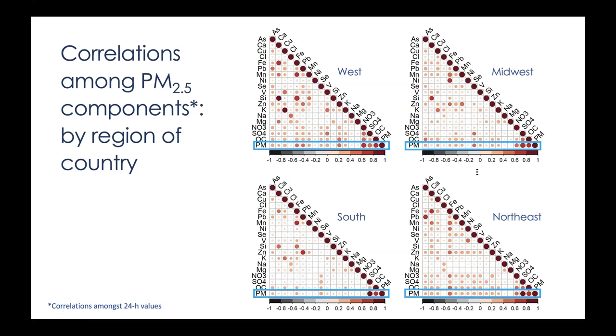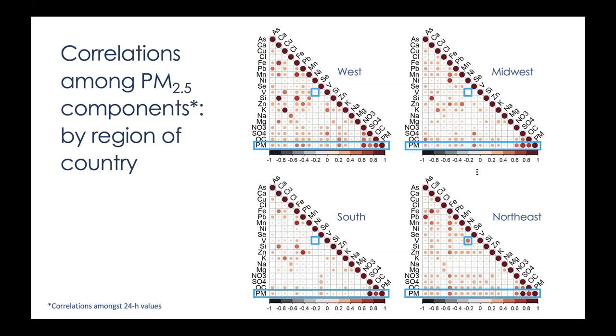However, this is strong for sulfate and OC in each of the regions, but for nitrate the correlation differs by region, with a low correlation between nitrate and PM in the southern part of the United States.